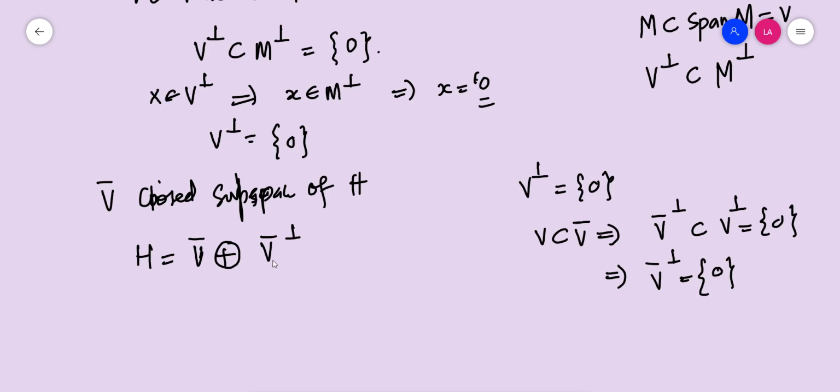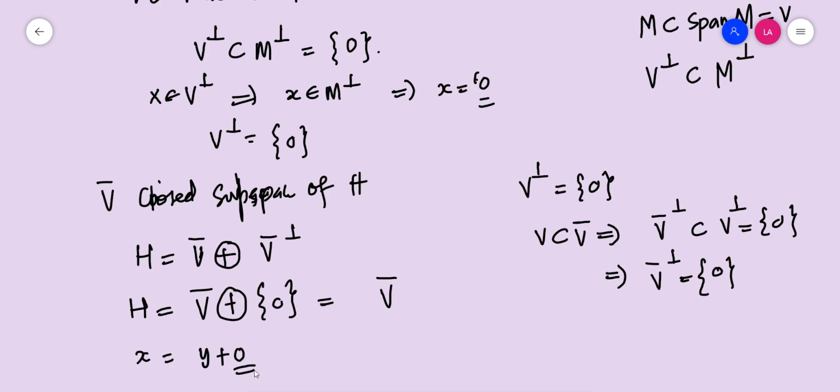Okay, so if you substitute that, H becomes V closure direct sum {0}, which is actually equal to V closure, because every element x can be written as some y plus 0.